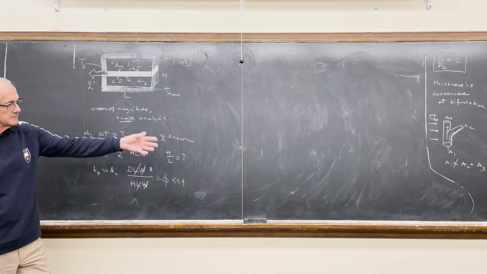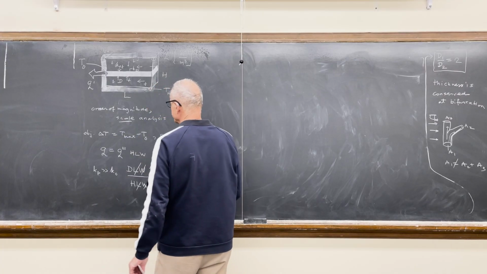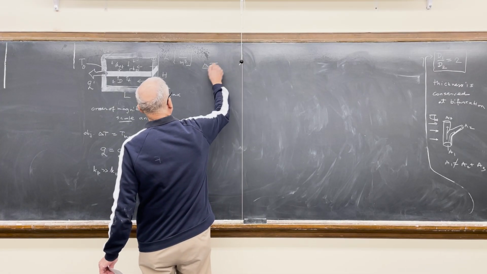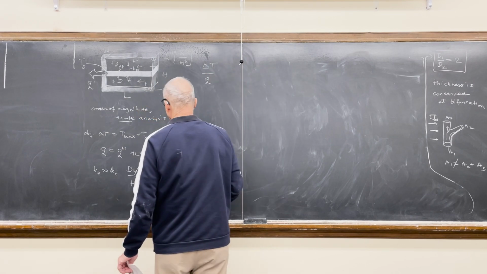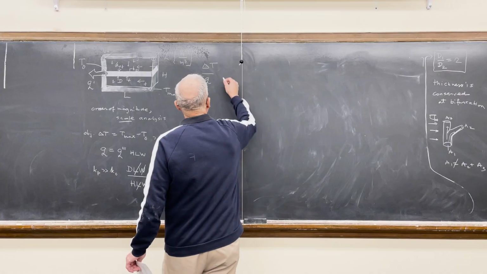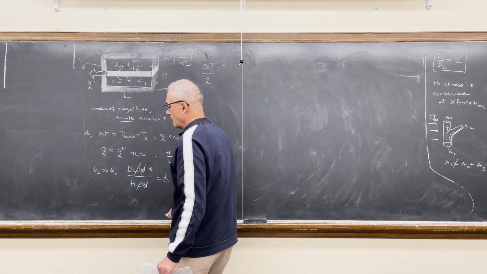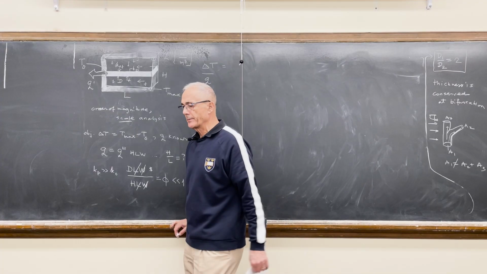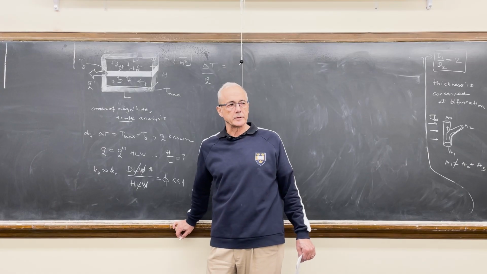Well, I already erased the technique. You look at the overall measure, which is the across divided by the through. And this delta T has two parts. One is a temperature difference that is oriented in a vertical direction.